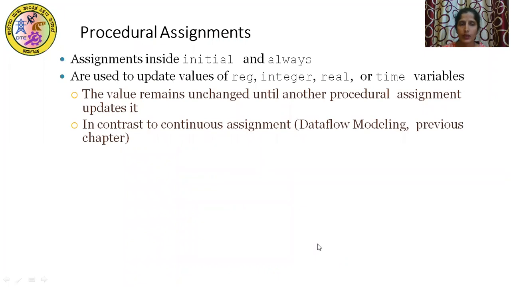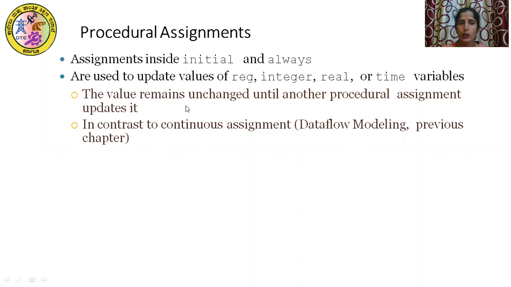So moving further, we came to know about the syntax of initial and always structured procedures. Now let us see the assignments inside initial and always. How do we do the procedural assignments of statements within initial and always blocks? The values of register, integer, real, and time variables are updated inside initial and always.